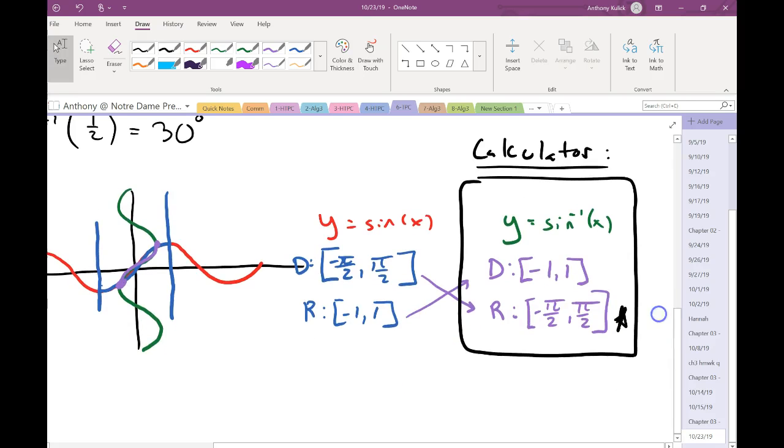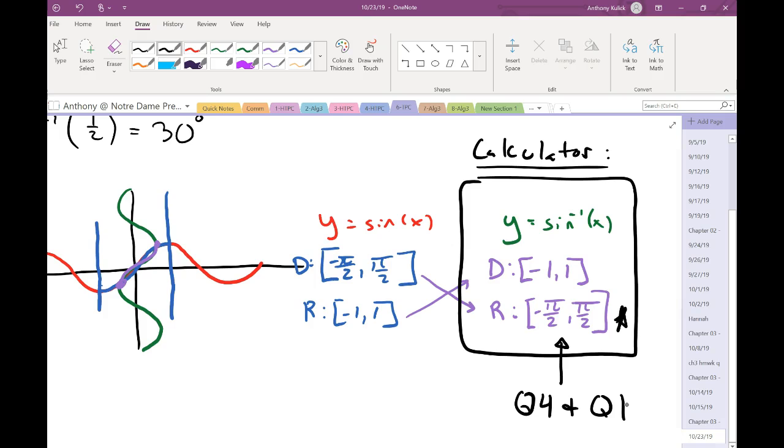So what is that really saying when we say a range from negative pi over 2 to positive pi over 2? We're really meaning we're only going to get answers in quadrant 4 and quadrant 1 of my unit circle.